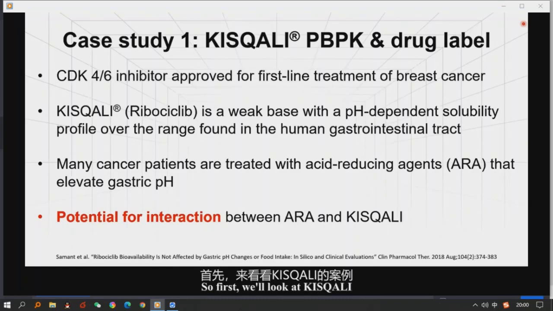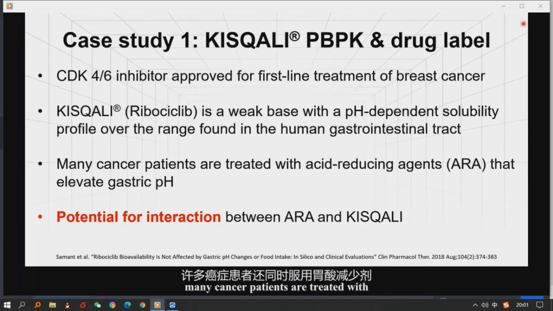So first, we'll look at Kisqali. And this is where PBPK modeling had an impact on the drug label. So this is a CDK inhibitor approved for first-line treatment of breast cancer. The compound is a weak base with a pH-dependent solubility profile over the range found in the human gastrointestinal tract.